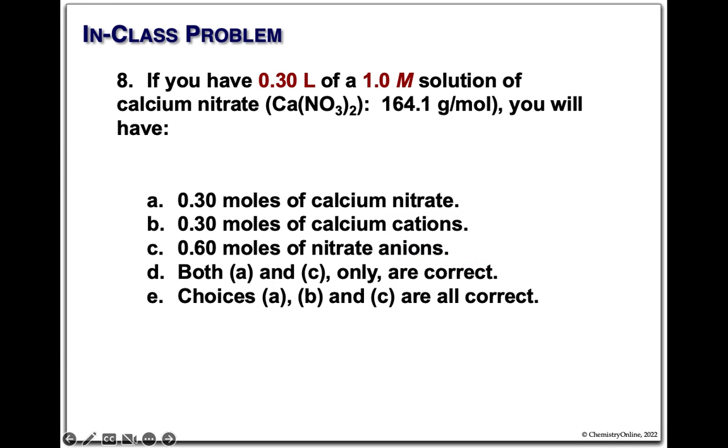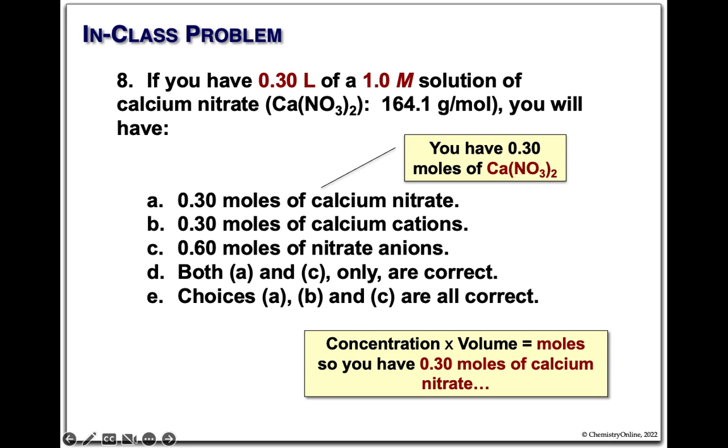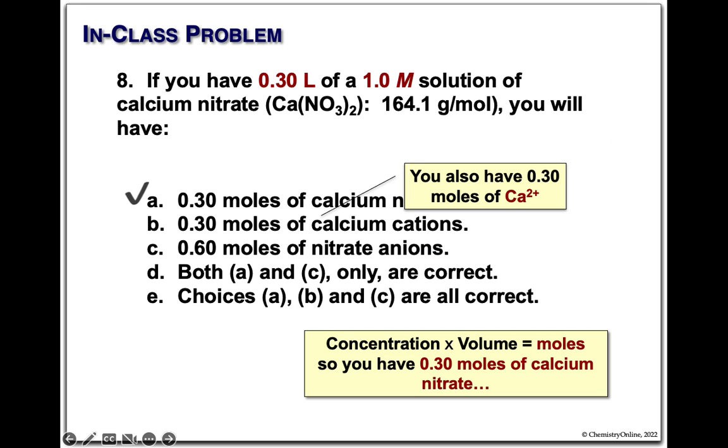So, we have 0.3 moles of calcium nitrate. Well, concentration times volume gives us moles. Concentration times volume, 0.3 moles. Yep, that's right. 0.3 moles of calcium. Again, the mole ratio here is 1-to-1.